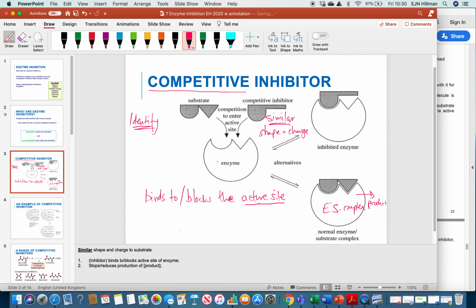So binds to or blocks the active site of the enzyme, which prevents or stops, slows down, reduces the production of whatever the product is. Okay, so if you've identified the enzyme, if you've identified the substrate and the competitive inhibitor, it's also useful to identify that product as well. Now we'll look at some examples of that.